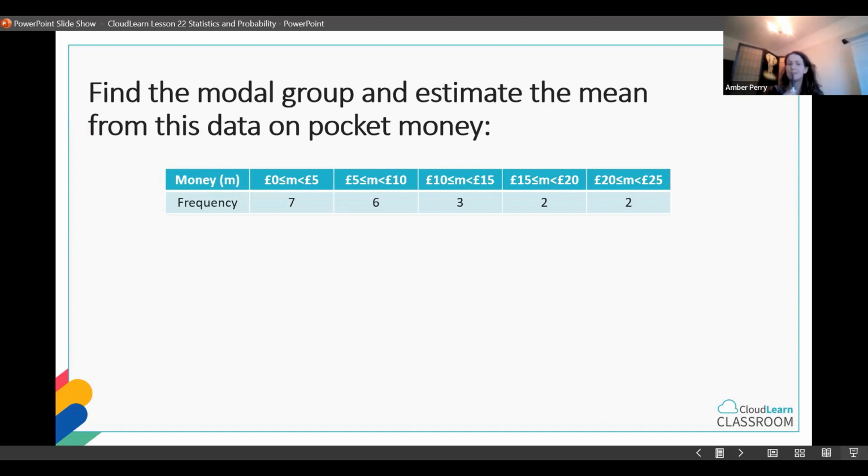Anyone going to type in the modal group for me into the chat? Should be a really quick one. It's always a 1 mark question, the modal group.